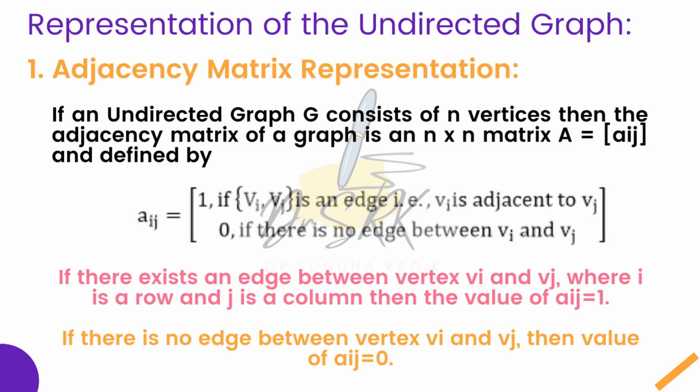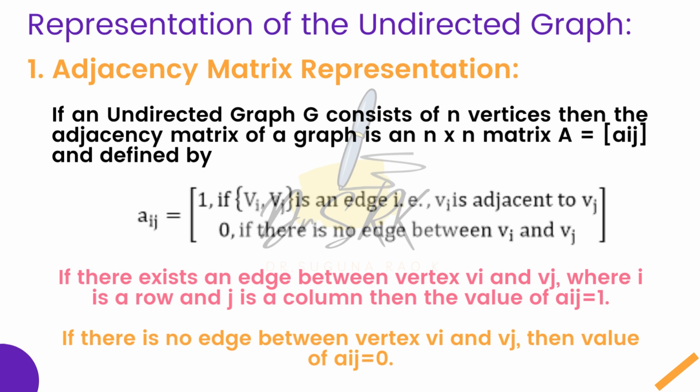Suppose that n by n matrix is capital A equals Aij. Here Aij can be defined as Aij equals 1 if (Vi, Vj) is an edge, or Vi is adjacent to Vj.